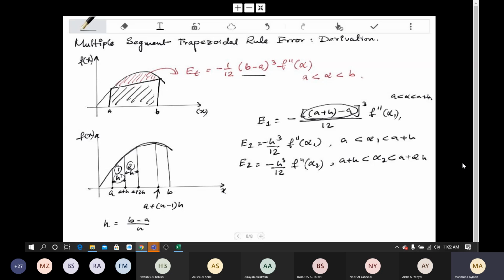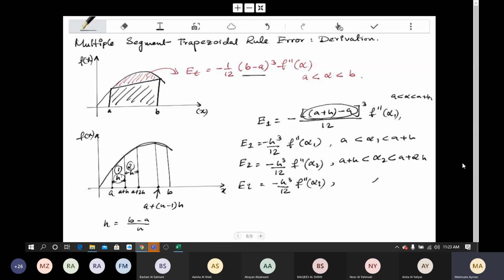Now you can see a general format here already. So we can replace the 1 and 2 by a general number i. So E of i will be minus h cubed divided by 12, times the second derivative at alpha i.